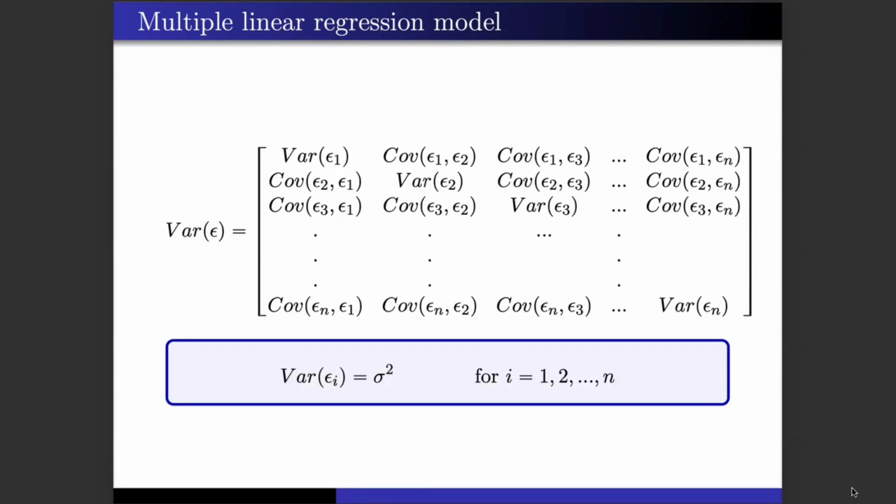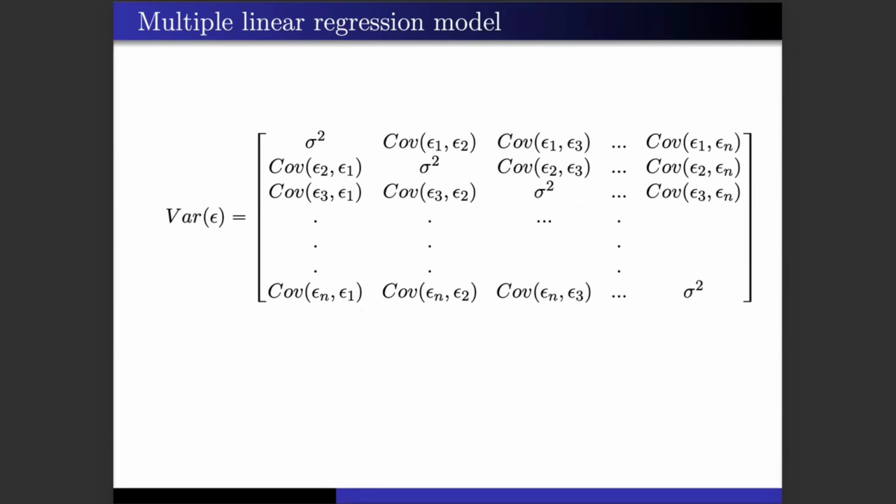We had an assumption that variance of each epsilon i is equal to sigma square. So we replace these variances, and all along the diagonal we have sigma square.